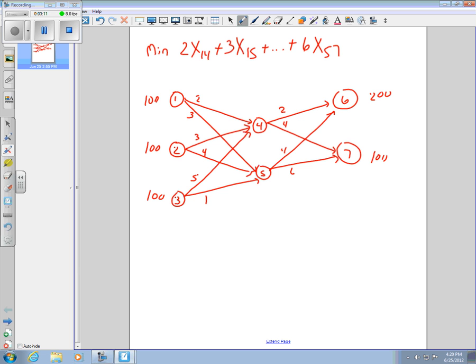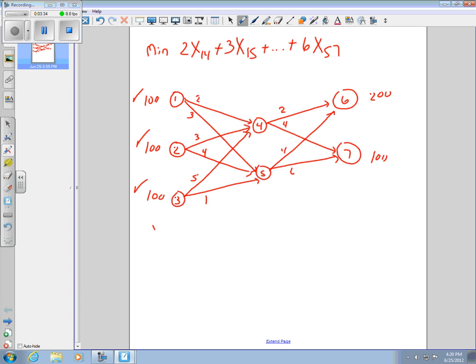You'll have the same constraints you had in the transportation problem, in that you have three supply constraints. You have a constraint here, a constraint here, and a constraint here that, exactly like the transportation problem, say you can't ship more than 100 units out of origin 1.